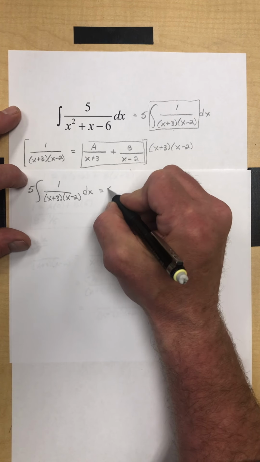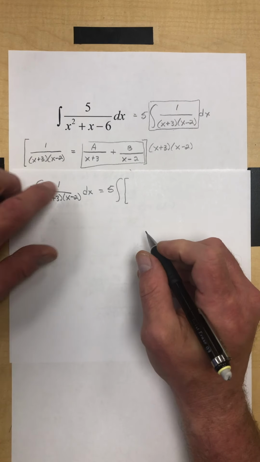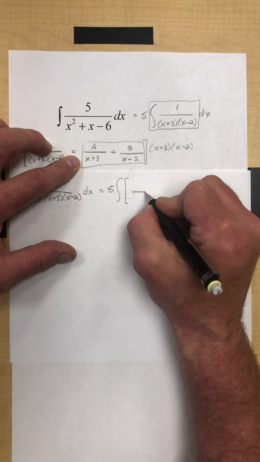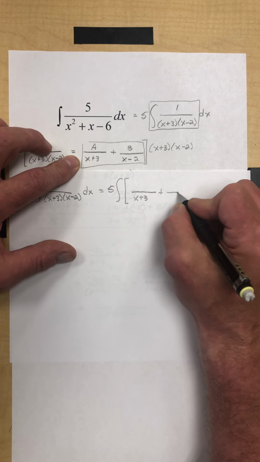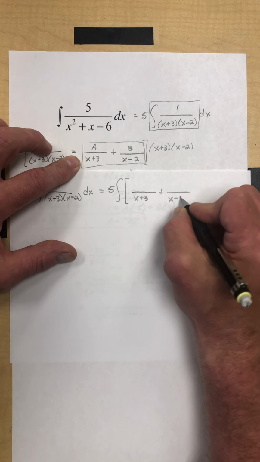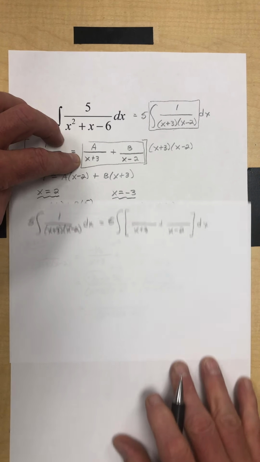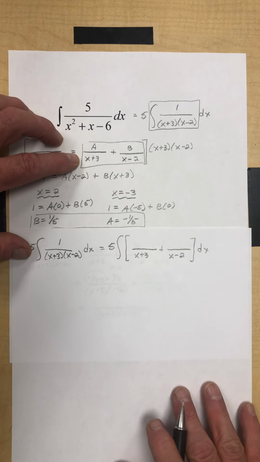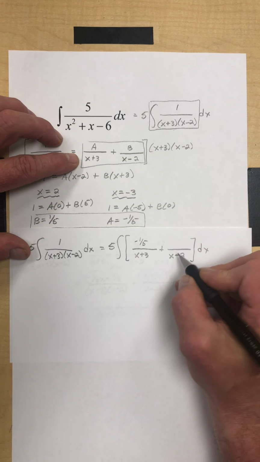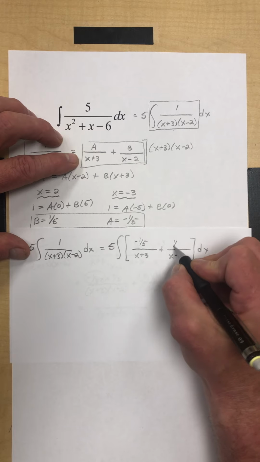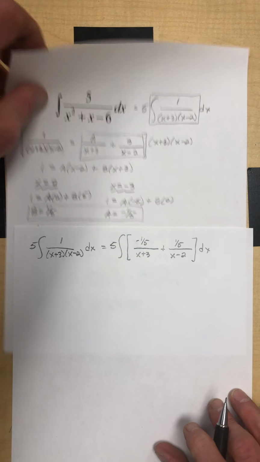That's equal to 5 times the integral of, I split this up where I had an x plus 3 plus and an x minus 2 right there. Okay, let me go down and get my a and b. So my a is negative 1/5 and my b is 1/5 right there.